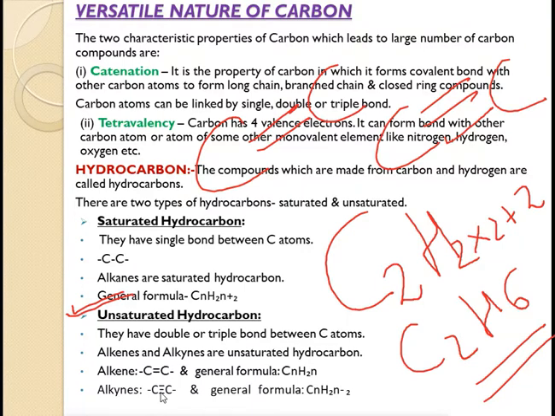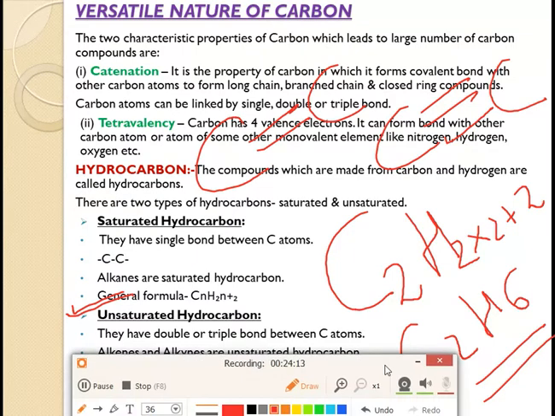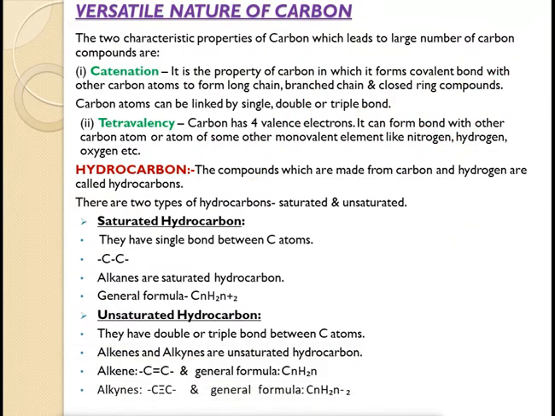For alkynes, we have carbon-carbon triple bonds, and the general formula is CnH2n minus 2. So you have to remember the formulas: alkane, CnH2n plus 2; alkene, CnH2n; and for alkyne we subtract 2, CnH2n minus 2. So this was all about hydrocarbons.